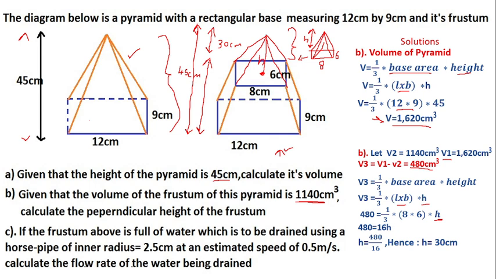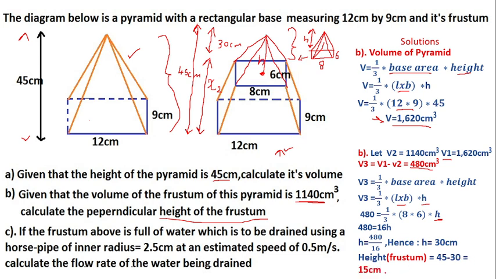So for us to find the height of the frustum, which we can call maybe x2, we need to subtract 45 minus 30. It will give us the height that we need, that is the height of the frustum, which we have been asked to calculate right there. Hence the height of the frustum is equal to 45 minus 30 centimeters.